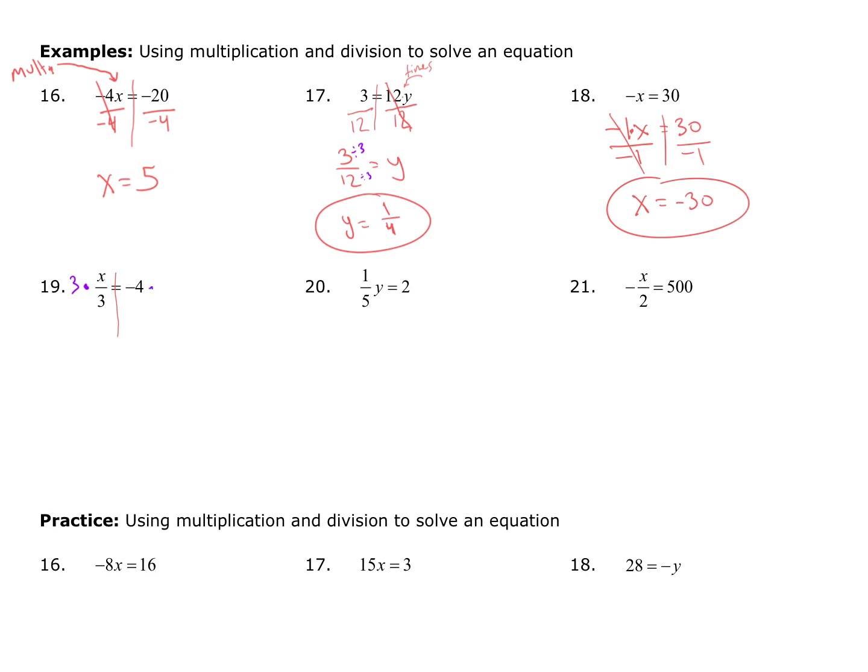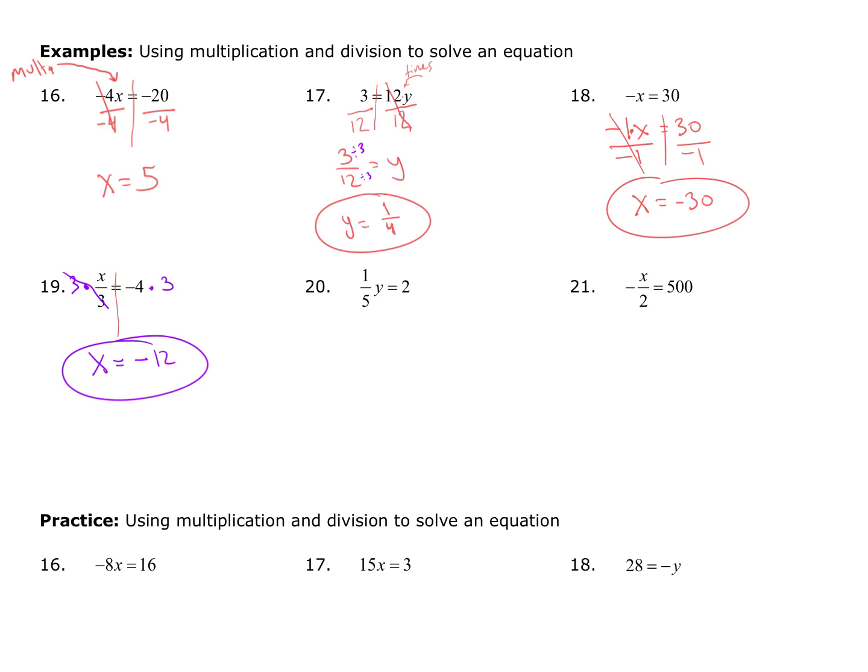But I have to do the same thing on the right side. And when I multiply by 3, that's going to cancel out with dividing by 3. And so we are left with, on the left side, just x. And negative 4 times 3 is negative 12. And again, try to check the answer, try it in your head. Negative 12 divided by 3 is negative 4. So we found the right answer.